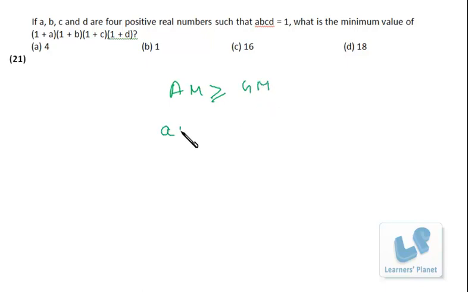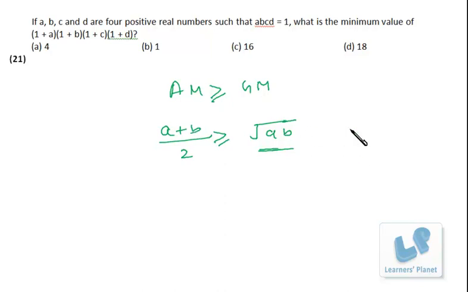Okay, that means if we are having two numbers, say, (A plus B) by 2, so this is their arithmetic mean and it will be greater than or equal to their geometric mean. Okay, so the equality will occur when A and B both of them are the same. That means the geometric mean equals the arithmetic mean when both the numbers are the same.